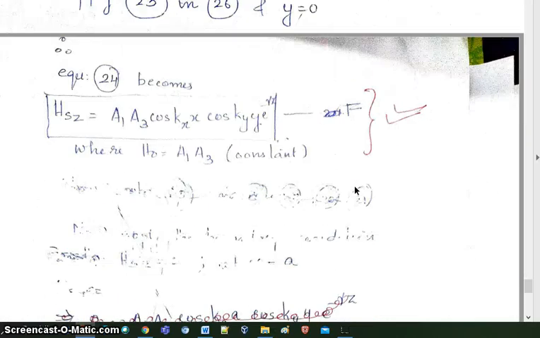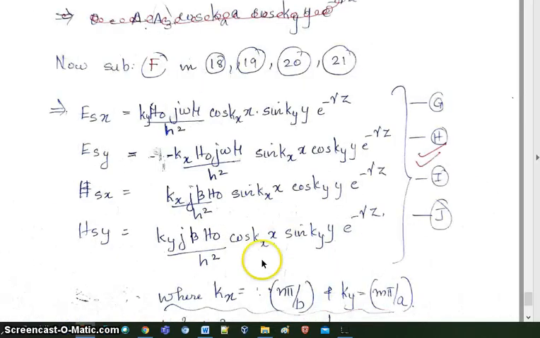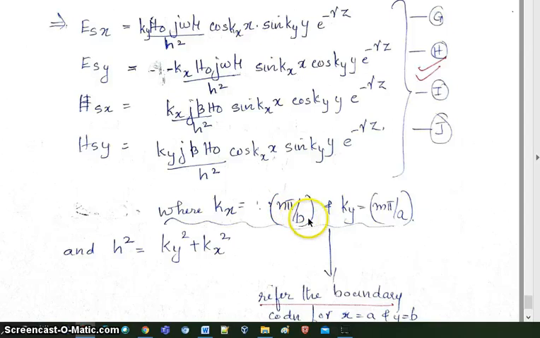Okay, so now where kx is equal to n pi by b and ky is equal to m pi by a, you can substitute kx as n pi by b and ky as m pi by a to write down the final expression.